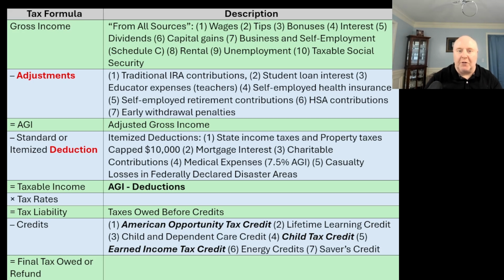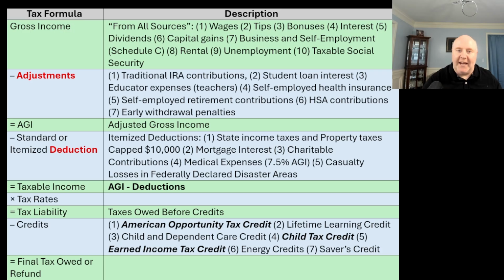AGI is a super important term in tax because we have certain itemized deductions, and it's going to be a percentage of it. So like if you have medical expenses, you're not going to be able to take that until your medical expenses are 7.5% of your AGI. So you want to lower AGI as much as possible. So that's where those adjustments, the above the line deductions, are so important to us.